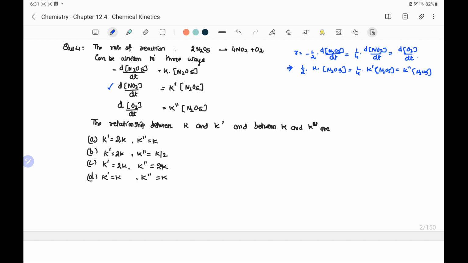Concentration of N2O5 is common in this expression, so we can write K by 2 is equal to K dash by 4, and it is equal to K double dash. So expression having the relation between K and K dash will be K dash equal to 2K and K double dash equal to K by 2. So the option B is the correct option.